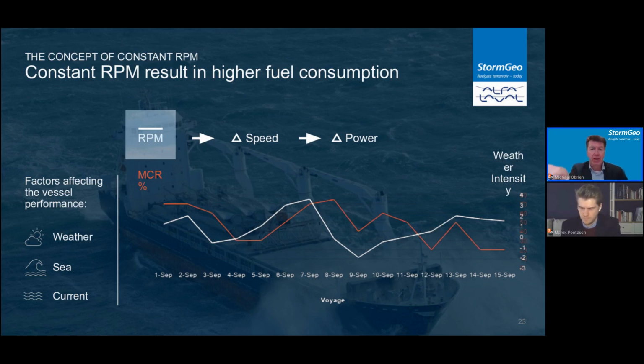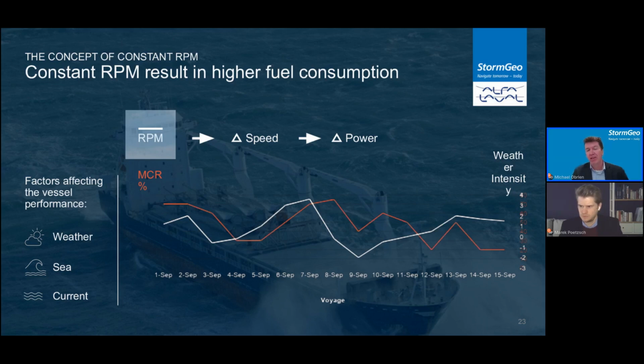So what you're looking at here is a variety of weather conditions. As the white line is going up and down, it's indicating changes, increasing and decreasing weather conditions. And when you're applying constant RPM, it's going to require that you apply additional power to overcome weather when it's increasingly bad, and reduce power when it's getting better.